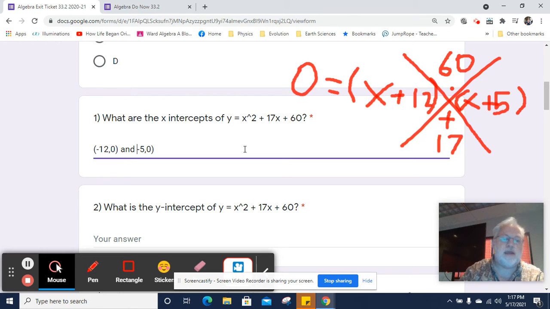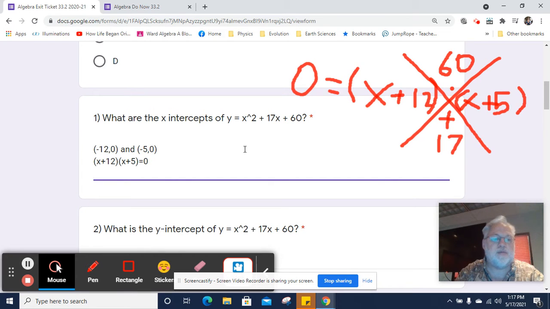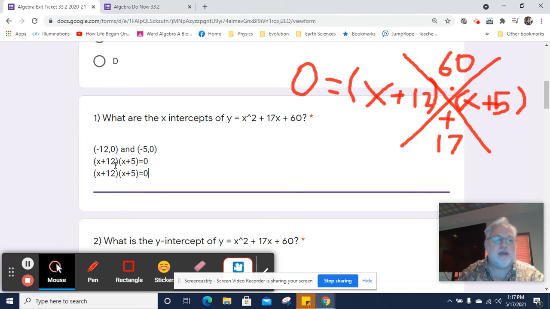And the reason for that is that when we factor this, we say x plus 12 times x plus 5 equals 0, because we change y into a 0, and then x could be negative 12, because it doesn't matter that there's a negative 12 here.